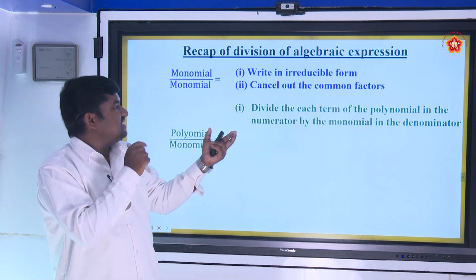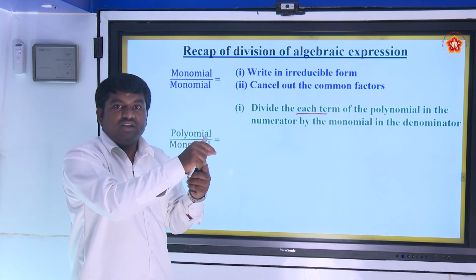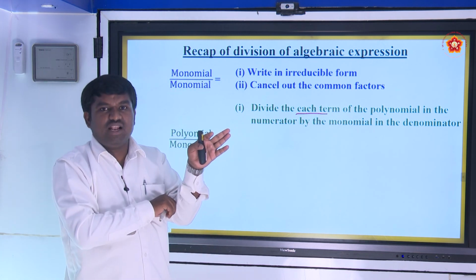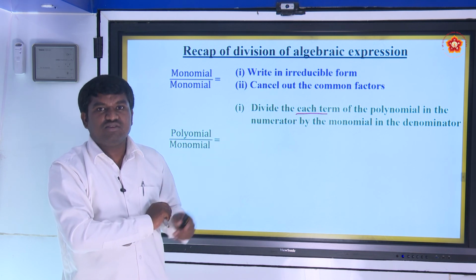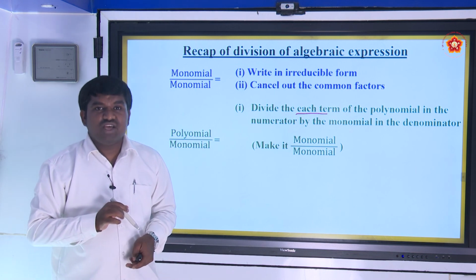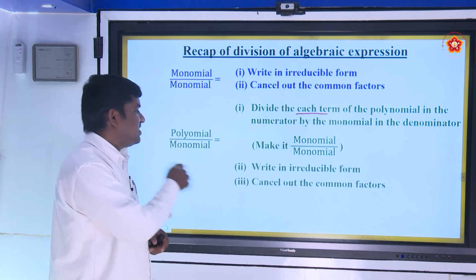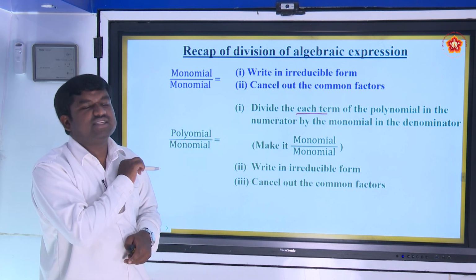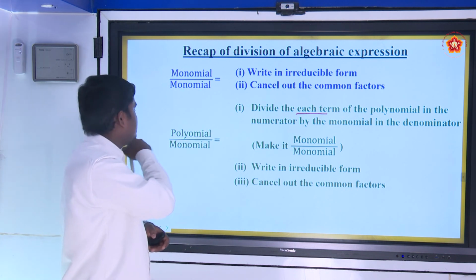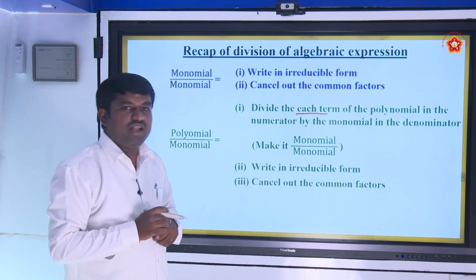If you divide each term of the polynomial in the numerator by the monomial in the denominator, then you get monomial by monomial. Next step is write in irreducible form. Next cancel out the common factors. These three steps we use to solve polynomial divided by monomial.